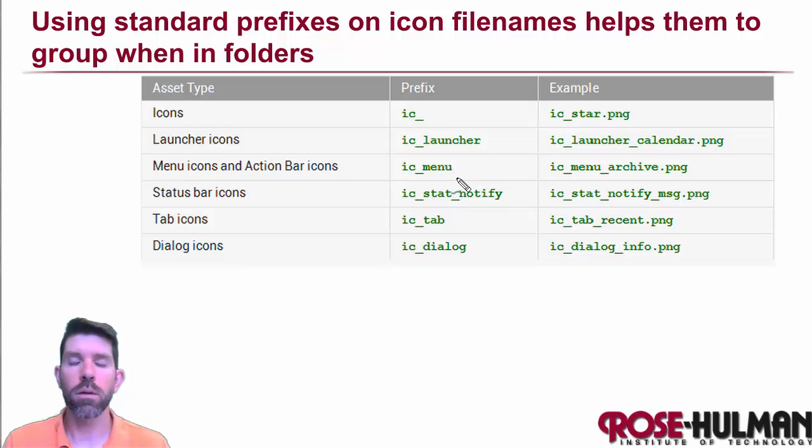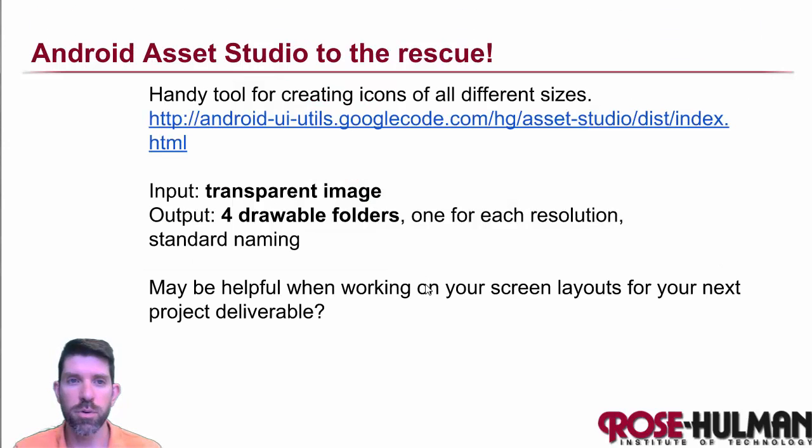So you might be overwhelmed right now, and you might think, well, I want an icon, and it's not one of the standard ones. I'm going to have to go into Photoshop, I'm going to have to rescale tons of different sizes, it's going to be crazy hard. Thankfully, you're not the only person creating icons.